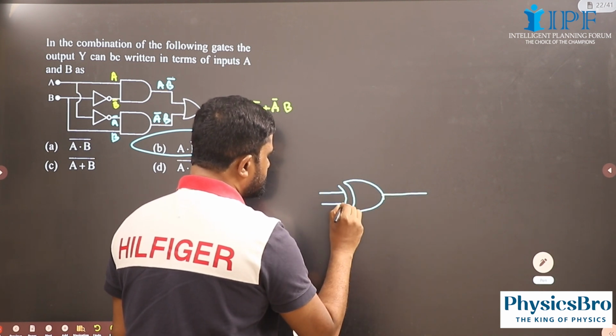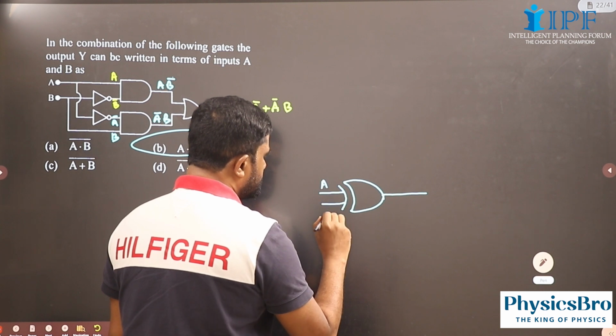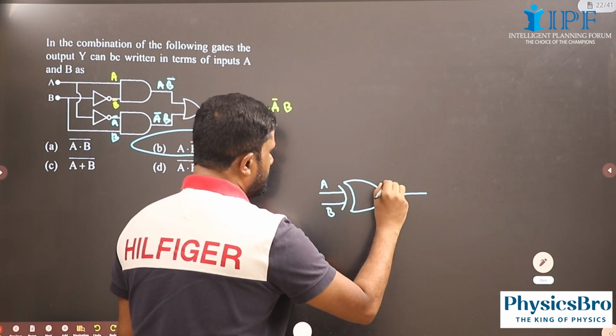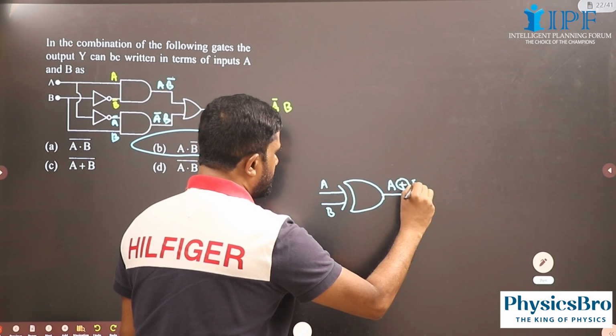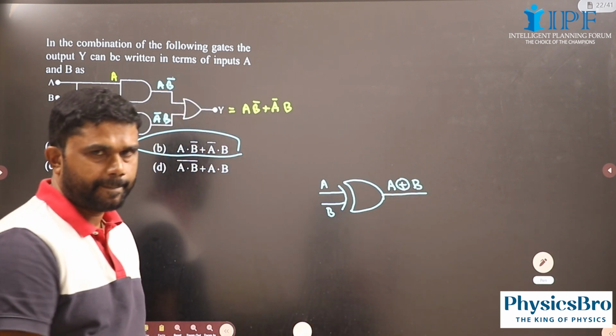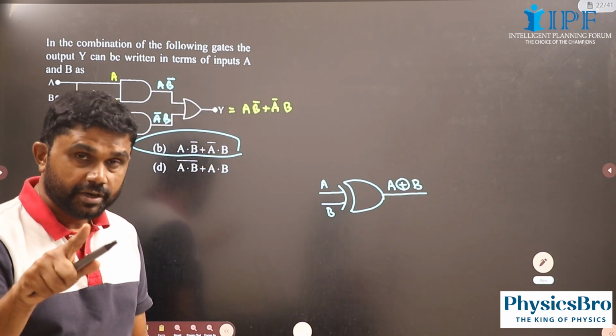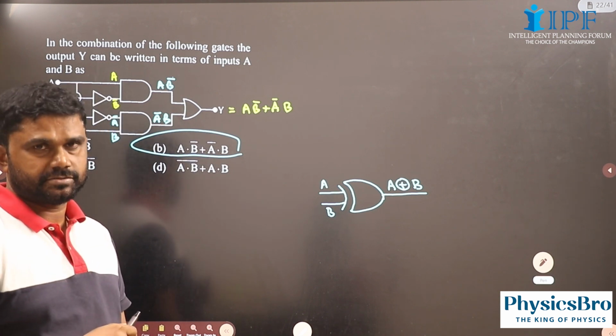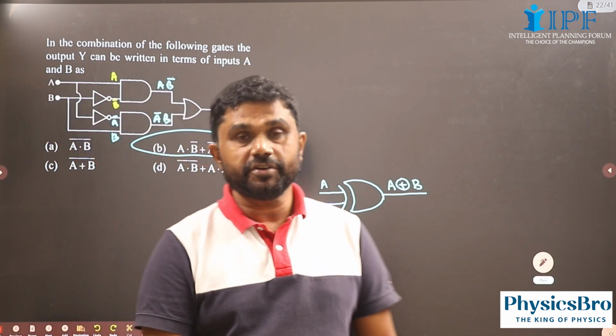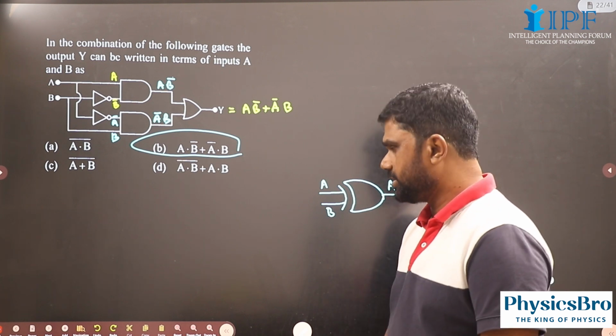This is A, this is B, and here it is represented as A XOR B. Output is 1 when the two inputs are at the opposite levels.